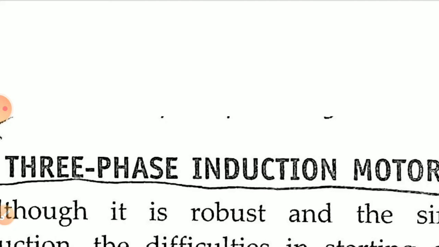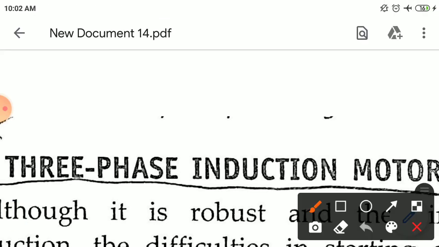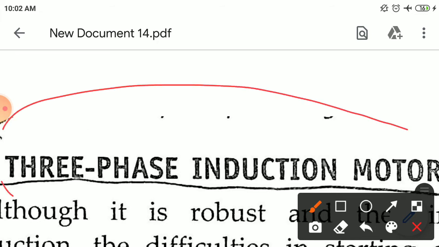The difficulties in starting and speed control do not make it suitable for traction. Speed control is difficult, and starting of a three-phase induction motor is also difficult, so it is not suitable for traction works.